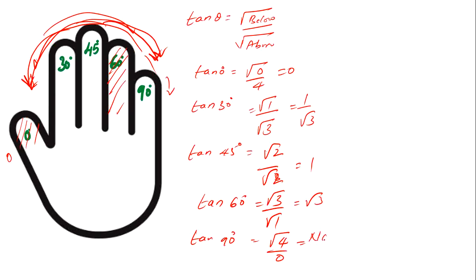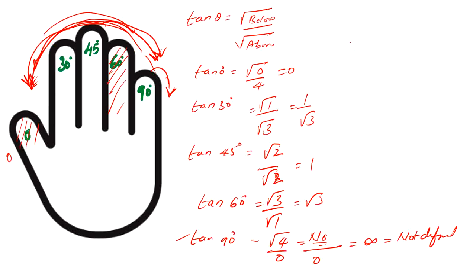Any number divided by 0 is not defined. So this is not defined. I repeat, tan 90: below the closed finger is 4 and above there is no finger, so it's 0. It's root 4 by 0. So any number divided by 0 is not defined.